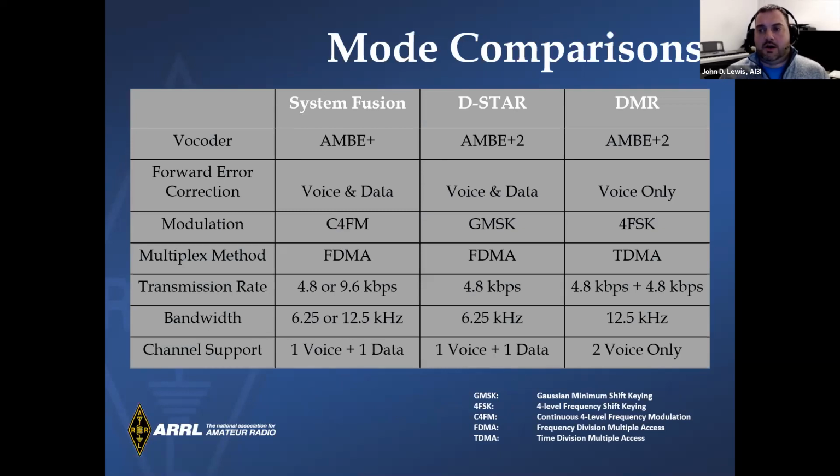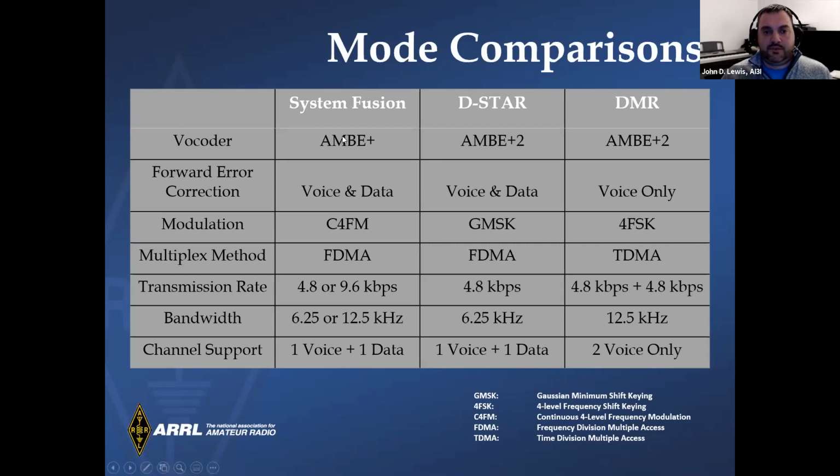So this gets a little technical. I put it here for the folks that geek out on this. So the vocoders, and some of this information I put here because I want to make a comparison and show you why some of these modes vary, and it's because of the underpinnings of the chipsets and the other technical things that go into them.